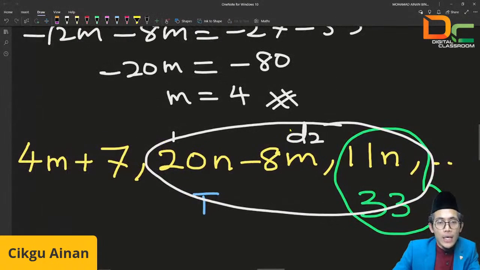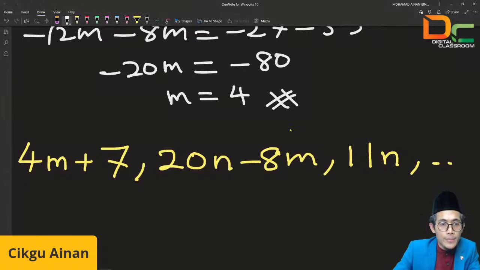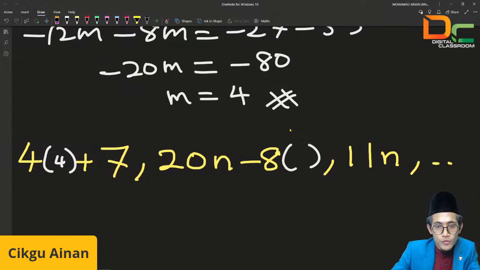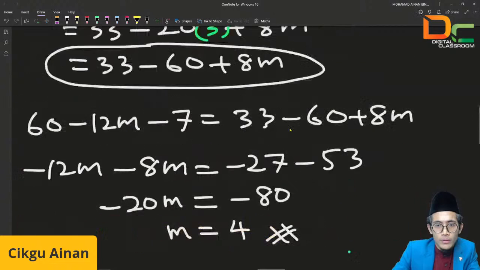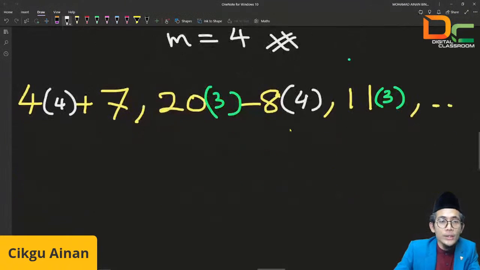Now m is 4, so we replace with 4 over here. N is 3, sorry.